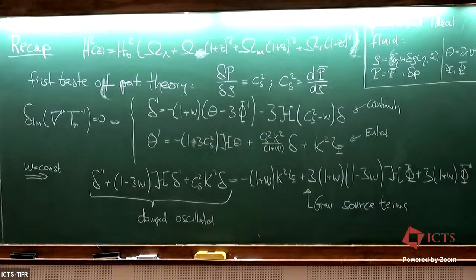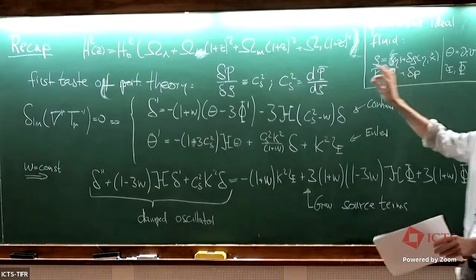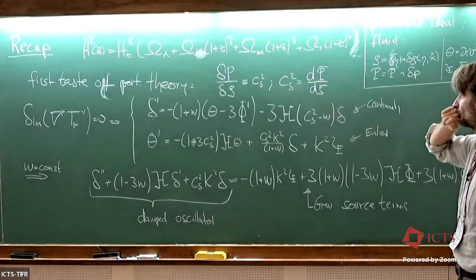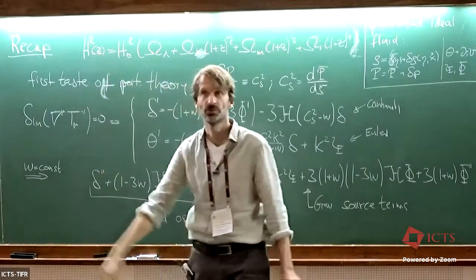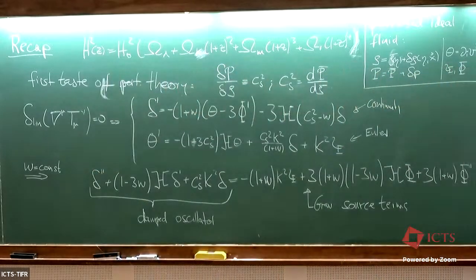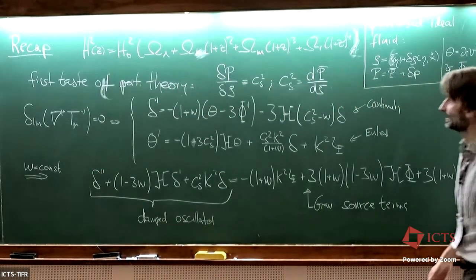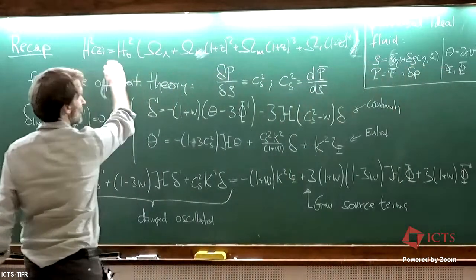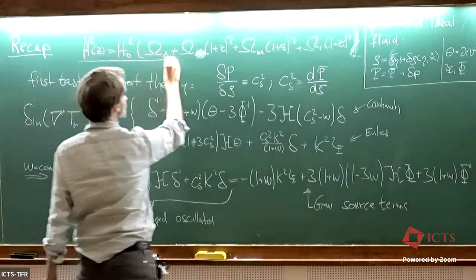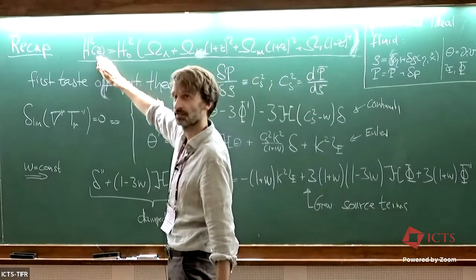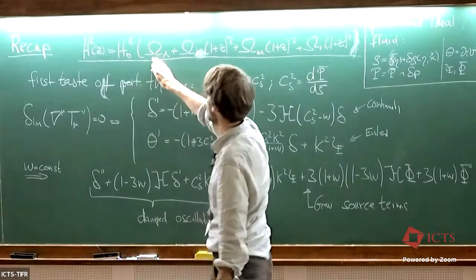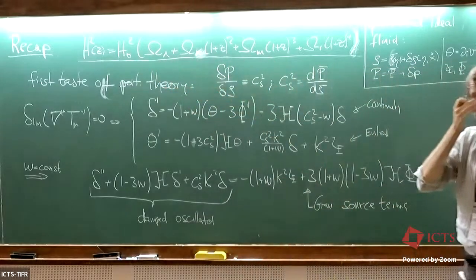So let me start with a quick recap of where we ended yesterday. First of all, we looked at the background evolution of the lambda CDM model, and we derived this nice formula, which gives us the expansion rate at any redshift as a function of the energy budget.